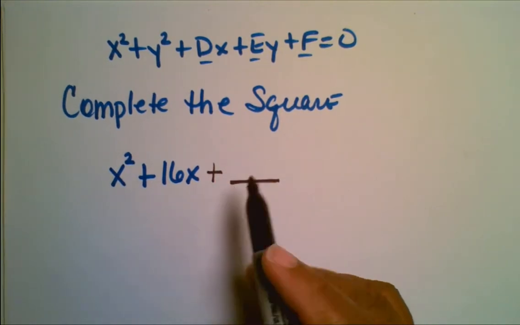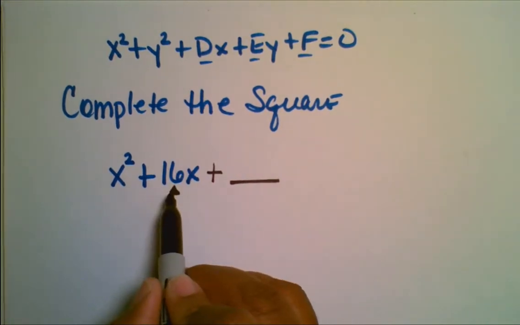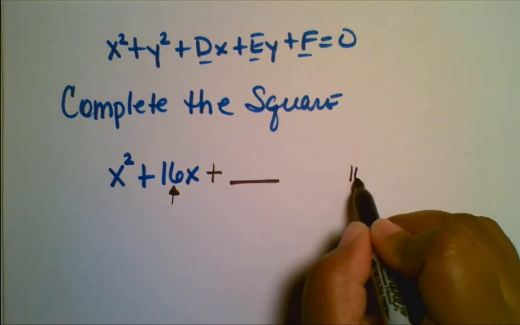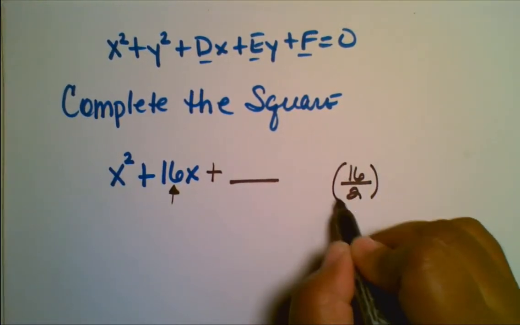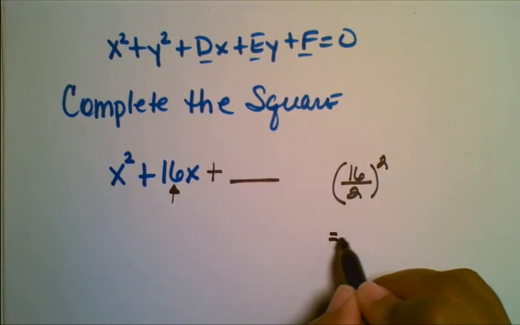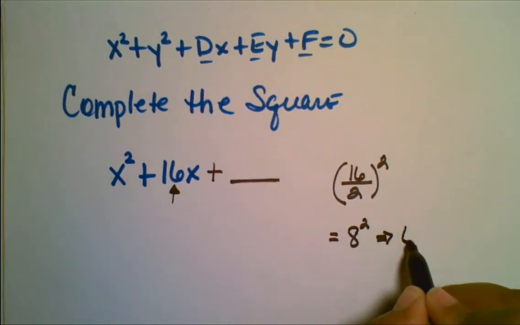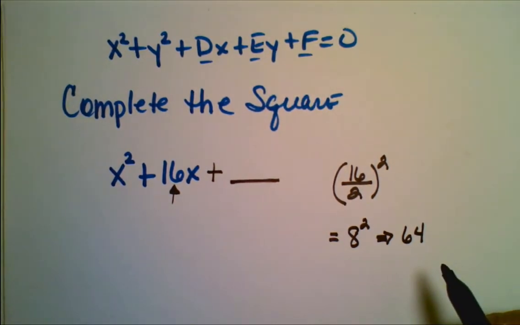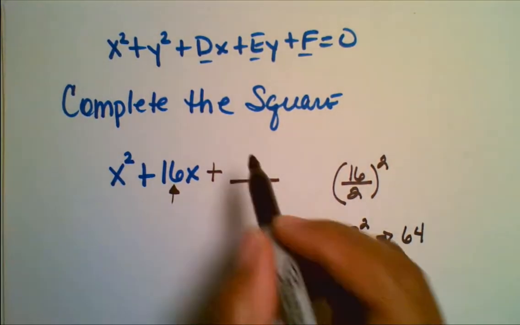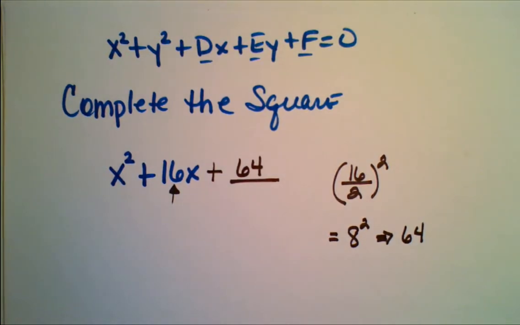To find it, we take half of the coefficient of the middle term. Here 16x is our middle term, so we take half of 16, which is 8, and square it, which gives us 64. So to convert this binomial to a trinomial, we add 64.